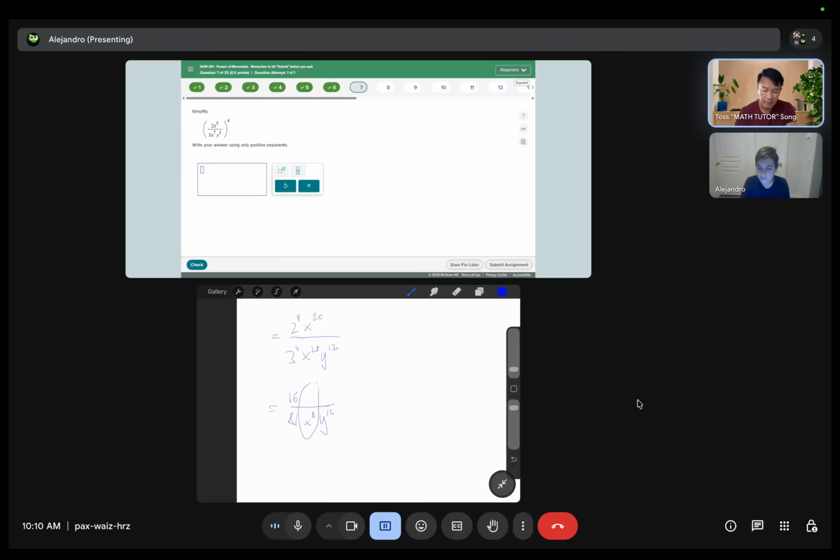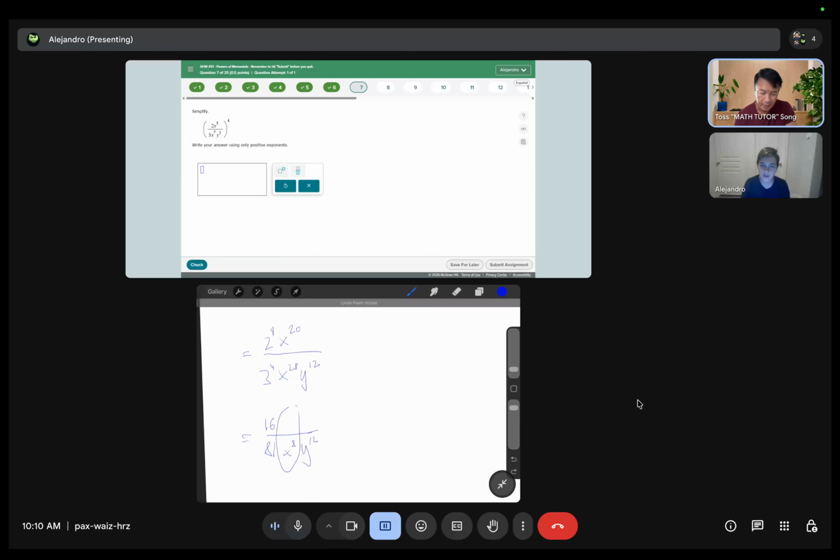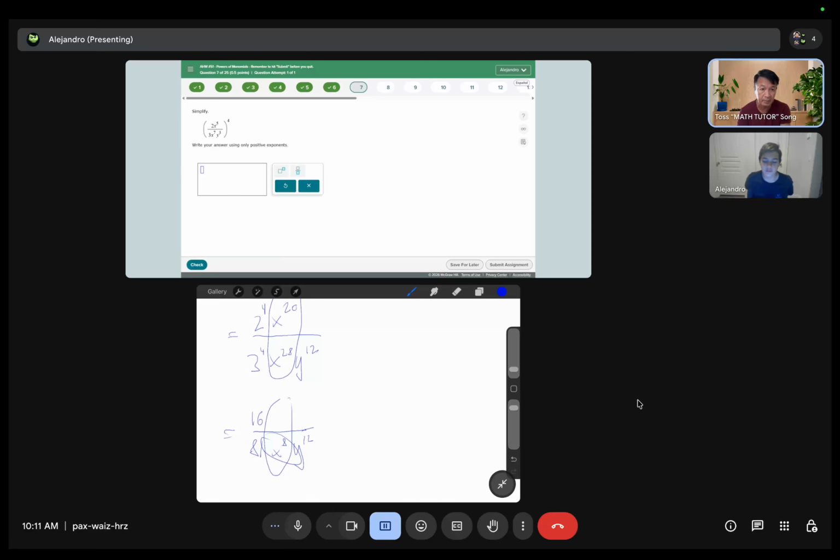Is that okay? Now, another way of looking at it, I guess I don't have to show you an example. If you look at this carefully, there are 20 x's on top, and then 28 x's on the bottom. You cancel 20 on top, and you're left with 8 x's on the bottom. That's why this is the answer on the bottom.